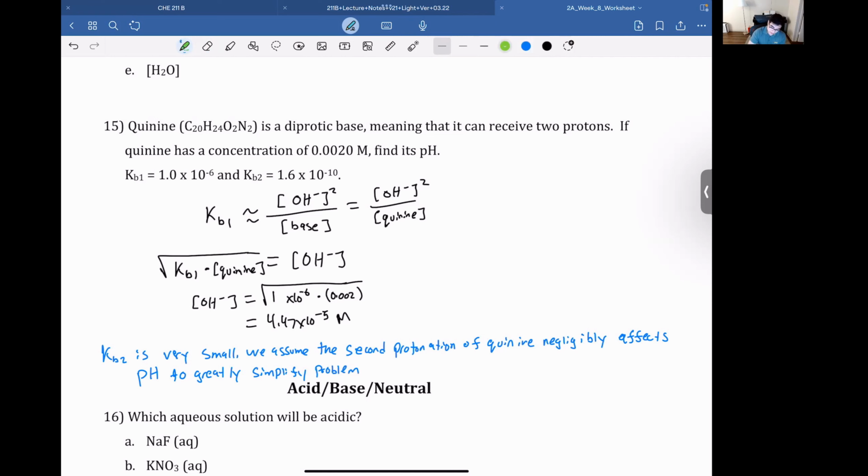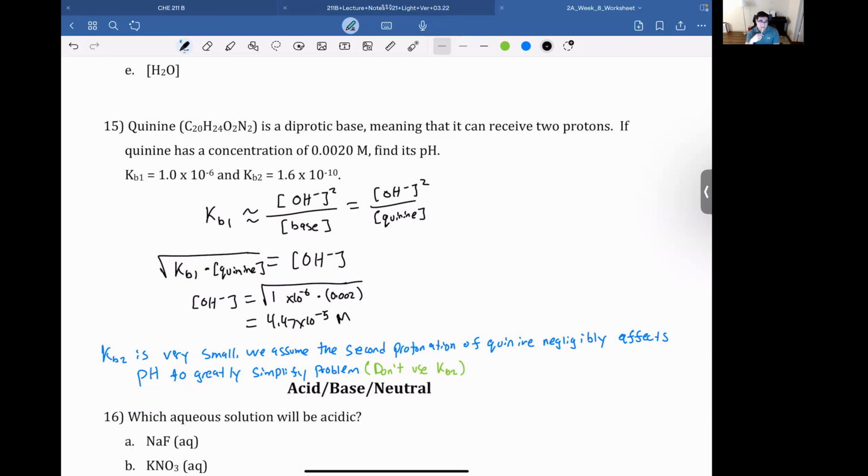Or in other words, we're not using Kb2. So again, we're just assuming that it does happen, but not enough to affect what's happening here, to make this way, way, way more simple.